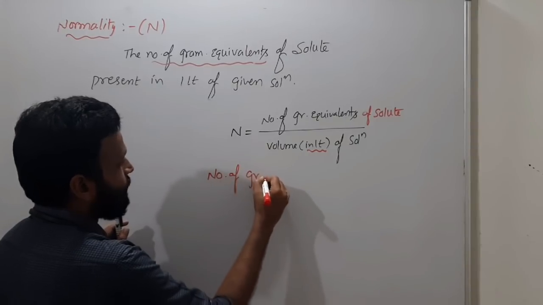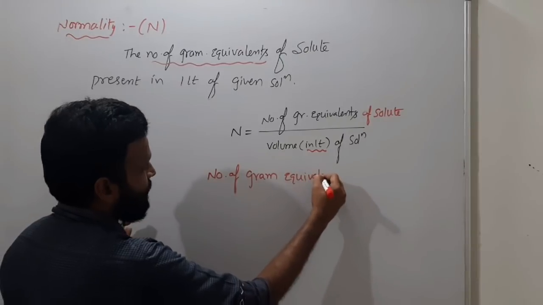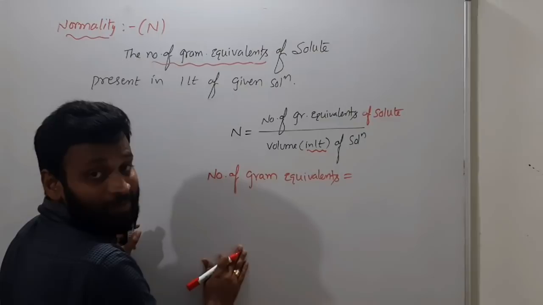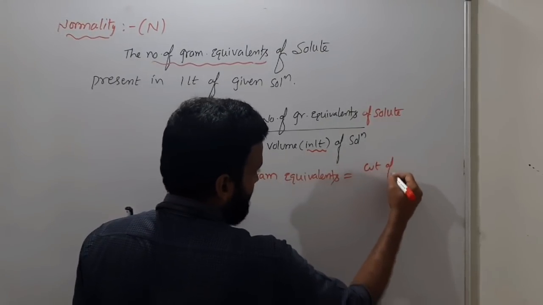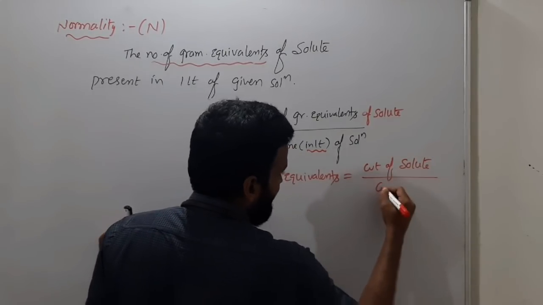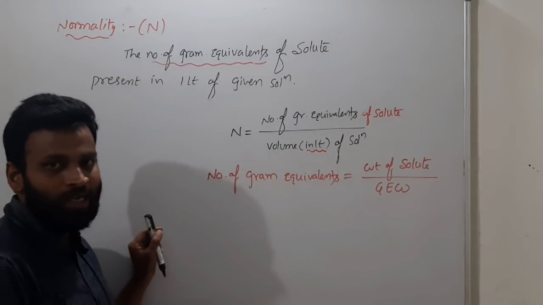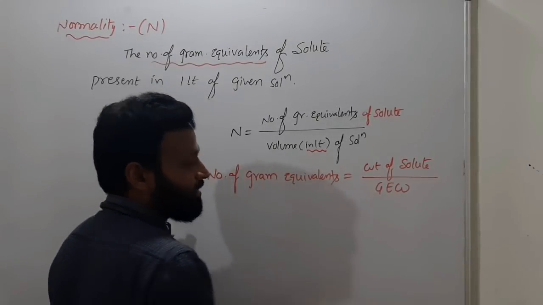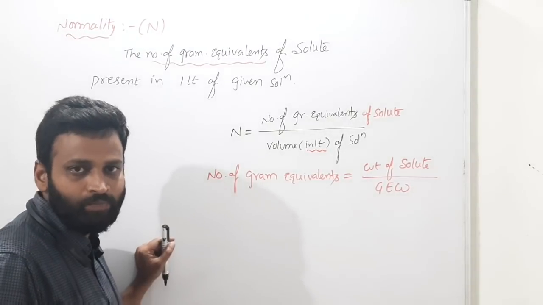Number of gram equivalents is equal to the weight of solute by gram equivalent weight. Some of you know about gram equivalent weights, but new students don't, so don't worry, I will tell you about gram equivalent weights.